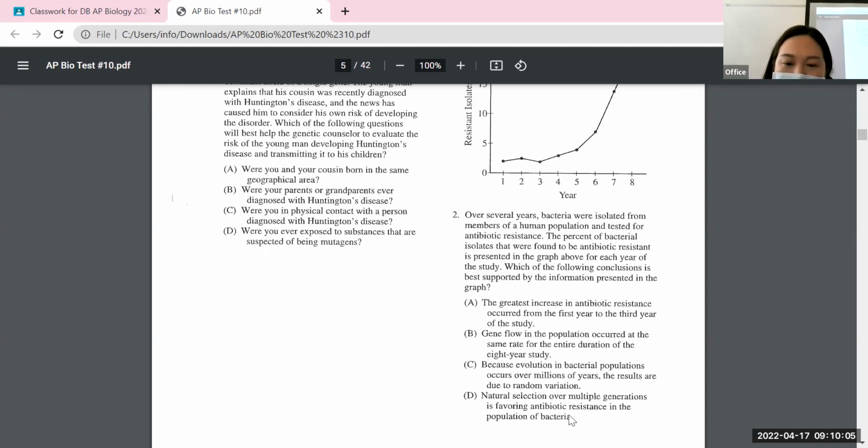Because evolution in bacterial populations occurs over millions of years, the results are due to random variation. This is also not true. Remember, because bacteria reproduce so rapidly, you can see natural selection occur in bacterial populations where you normally can't see it in other living creatures.